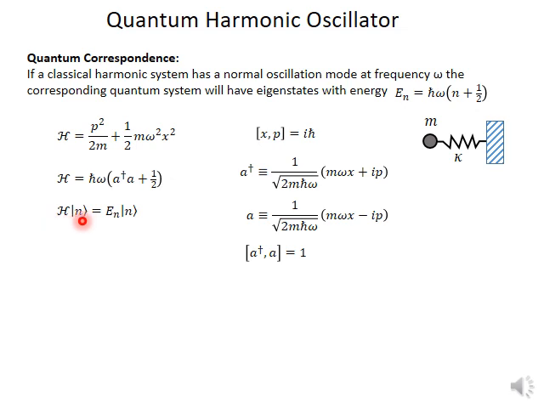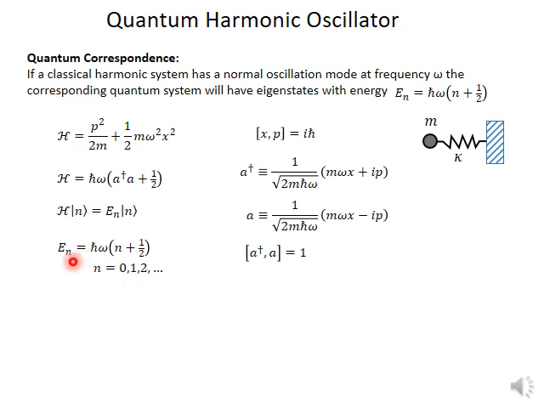If you apply this Hamiltonian on these eigenvectors, then you get the energy of the system corresponding to the specific eigenvectors. These energy values are given by h bar omega times n plus 1/2, where this integer n is the integer corresponding to the eigenvector itself. So n can attain values of 0, 1, 2, and so on.